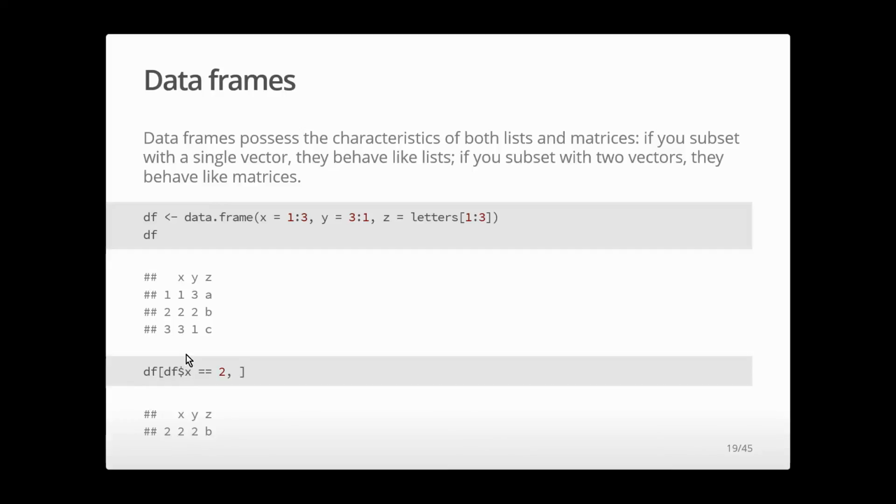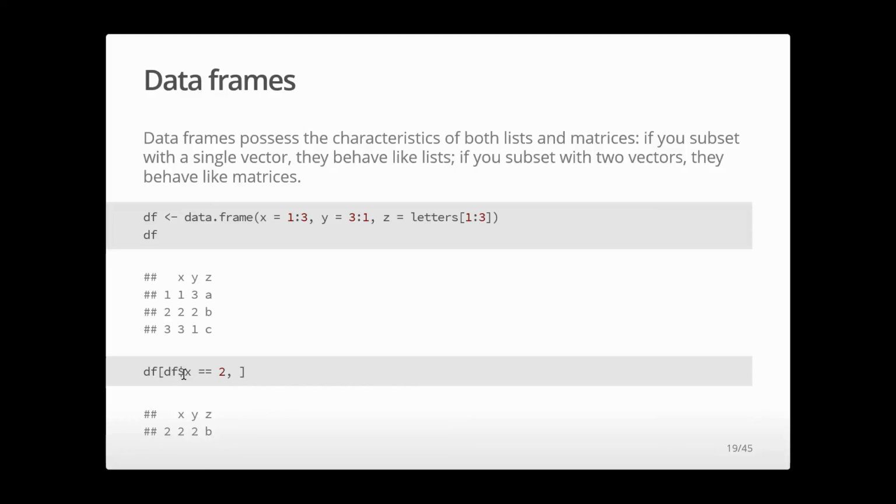Here we're saying give me back from the original data frame the rows where data frame $x is equal to 2. So that says look in column x, give me where column x is equal to 2.